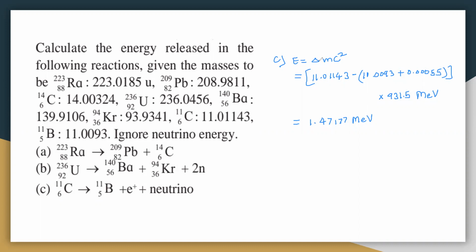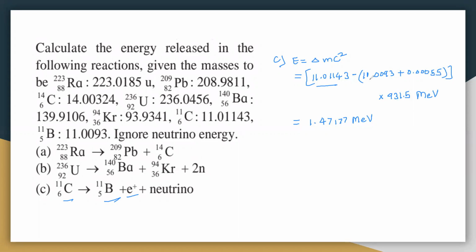So formula, energy release is equal to mass defect into C square. Now mass of parent. Parent is carbon, which is 11.01143. Then mass of D, which is 11.0093, plus this is product. Mass of electron is a constant value again, which is 0.00055.